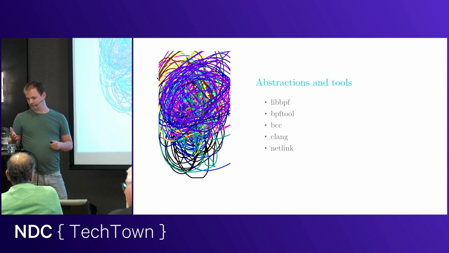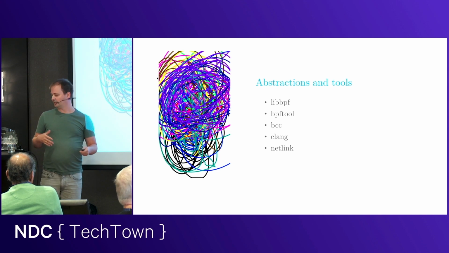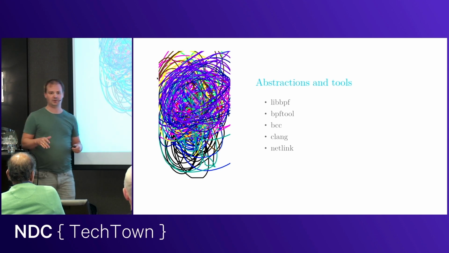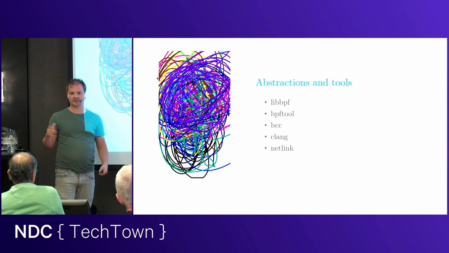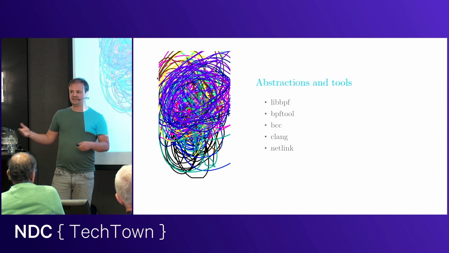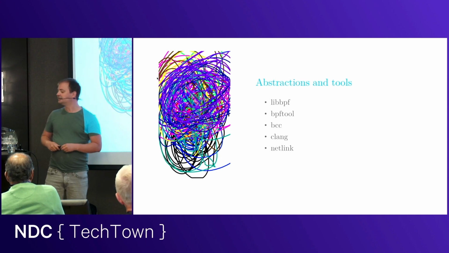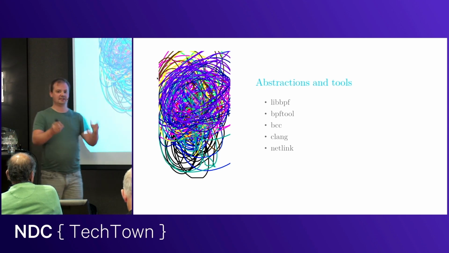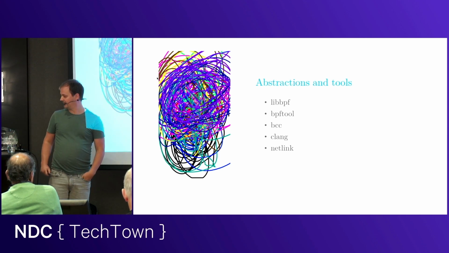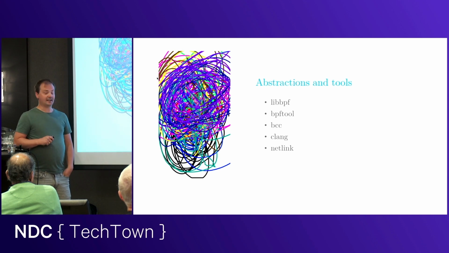BCC I haven't used, but it's a toolkit for creating eBPF programs, for instance with Python or Lua. So you have to write the C code, and then BCC will facilitate compiling the C code to BPF and send it over to the kernel. And Clang is very nice.